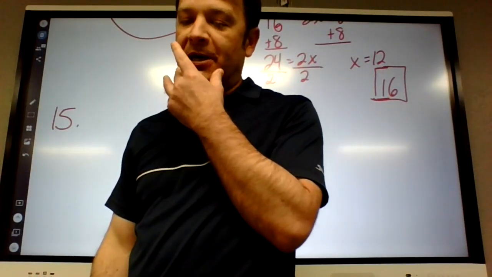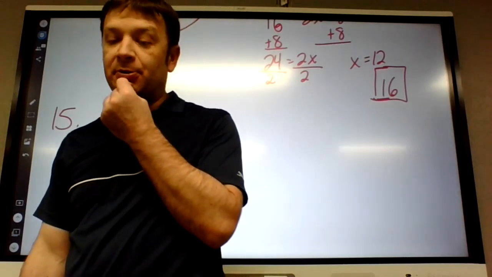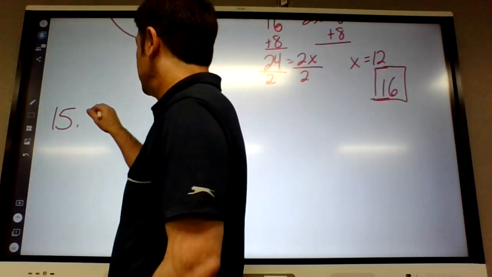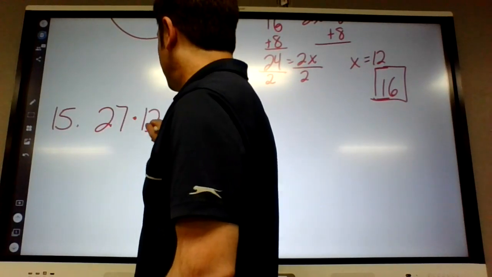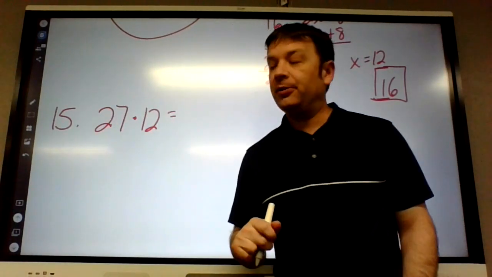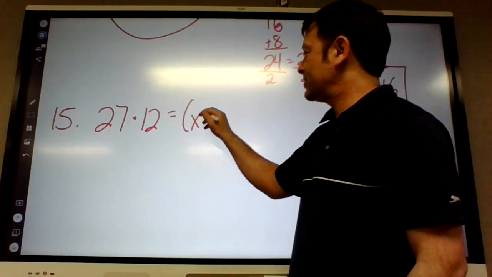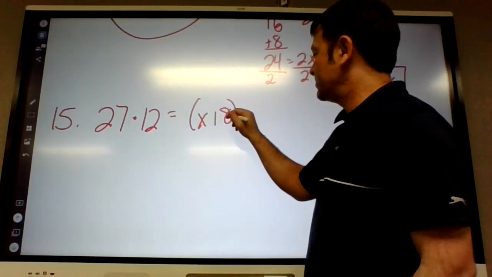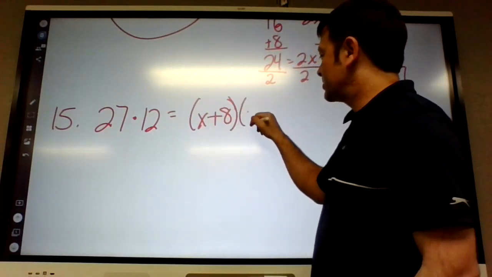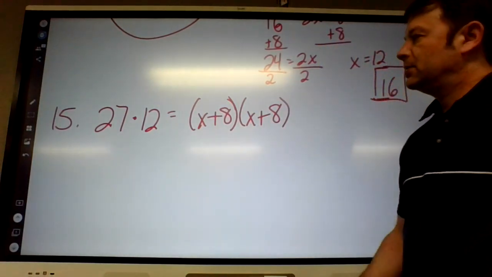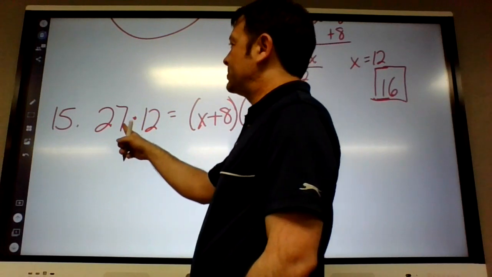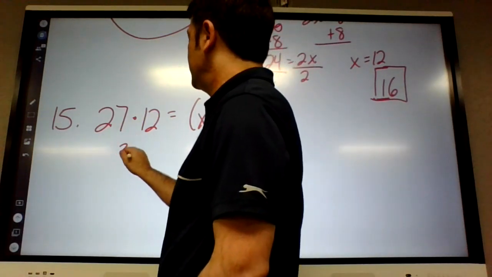Okay, so on the top, the whole thing is 27 and the outside is 12. On the bottom it's a tangent, so it's x plus 8 times x plus 8. So this would be 270 plus 54.